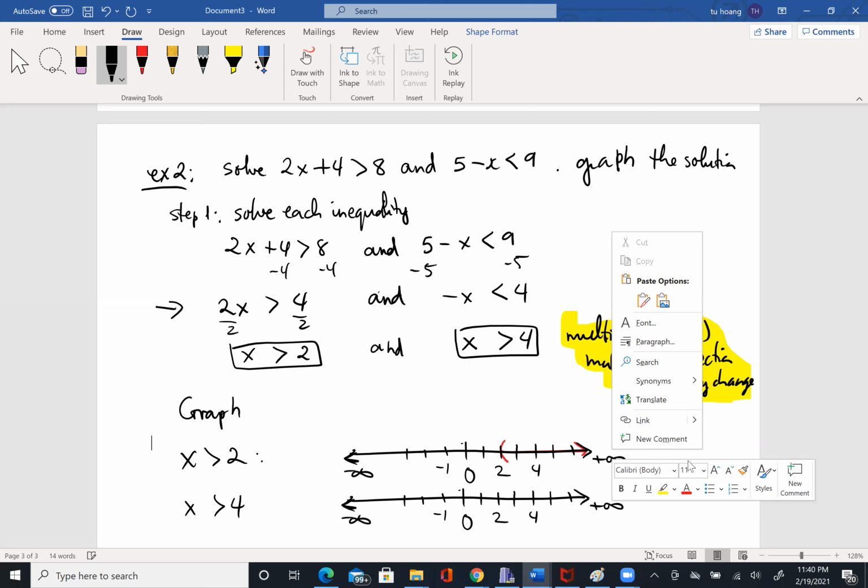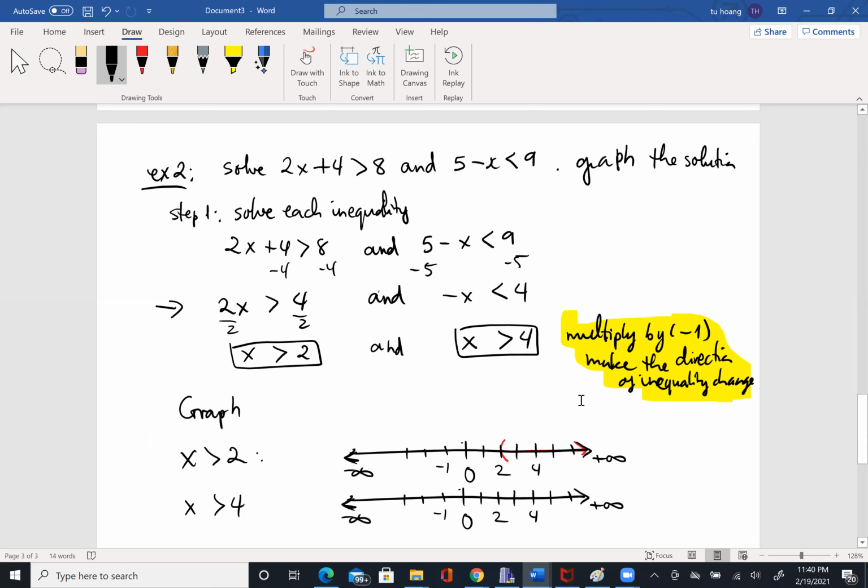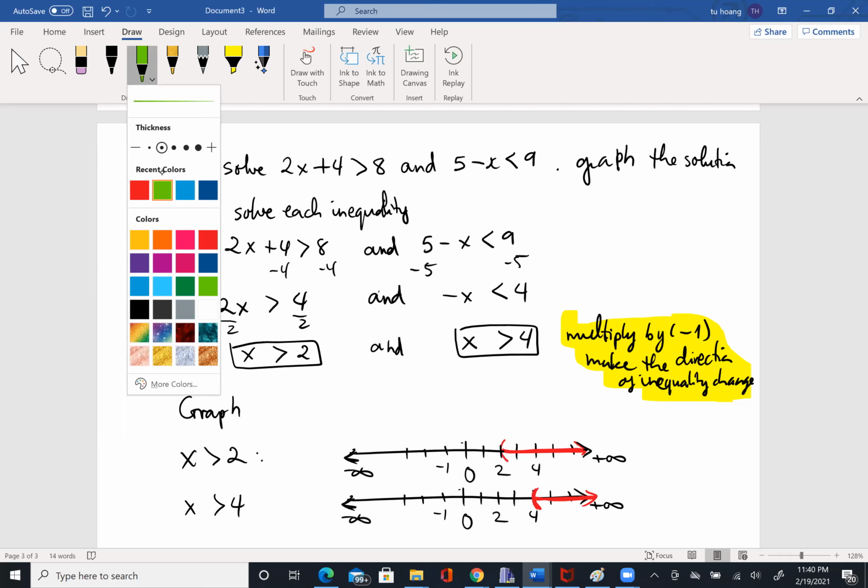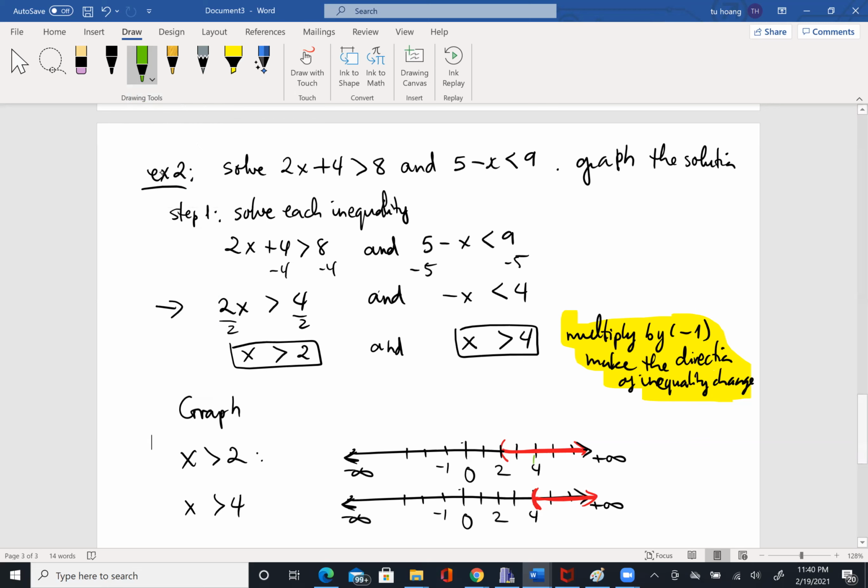So for x greater than 4, you have a parenthesis at 4. We do not include 4, right? And then you keep going up because it's greater than 4. Now, if you try to figure out the intersection of these two sets, you see that this is the intersection, the one over here.